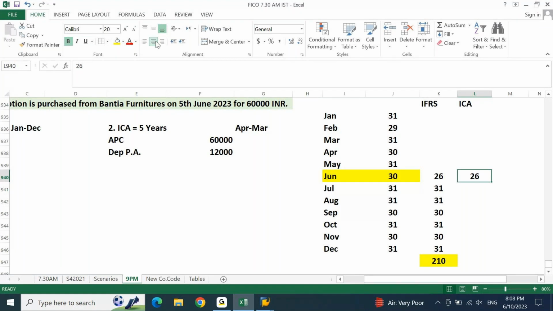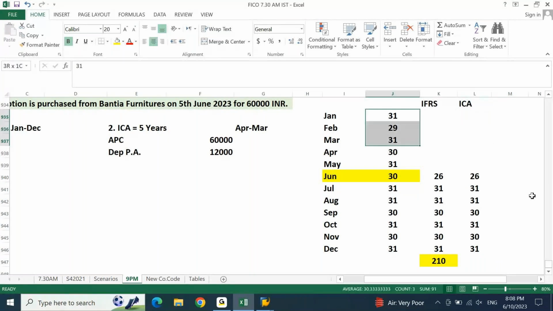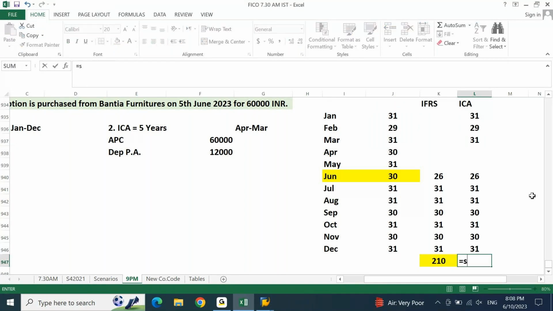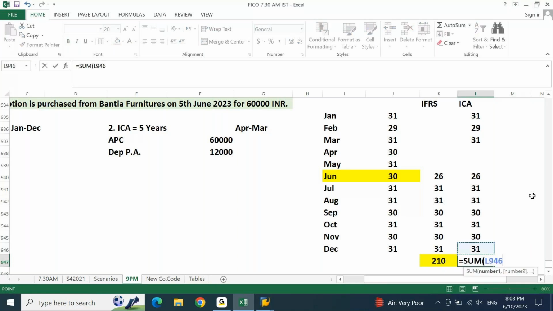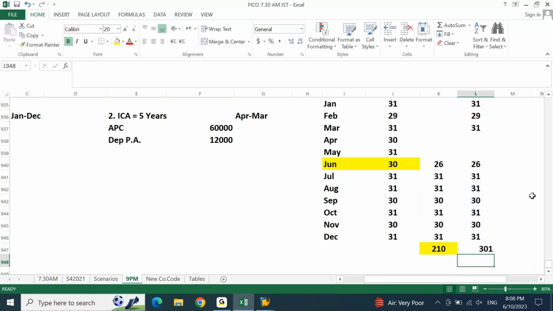Considering 5th June, in the month of June, you have used 26, and from there, you are going to start your counting as usual. And you're not going to stop at December because your year ends at March. So Jan, Feb, March, you are going to take these days, and overall, if you count, you've used 301 days in this.